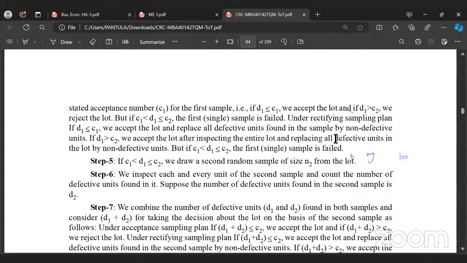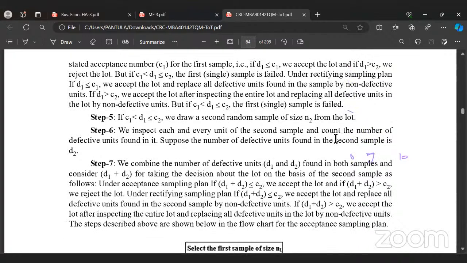So the relationship between C1, D1 and C2, and then D2, is going to come. It is a permutation and combination of C1, D1, C2 and D2.